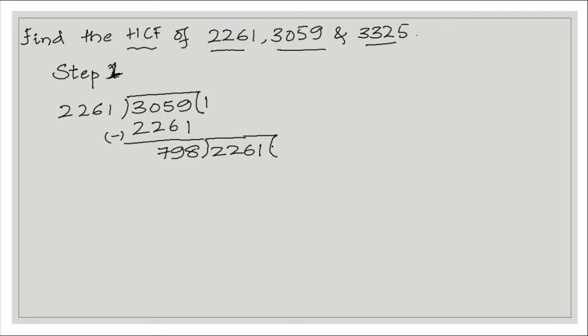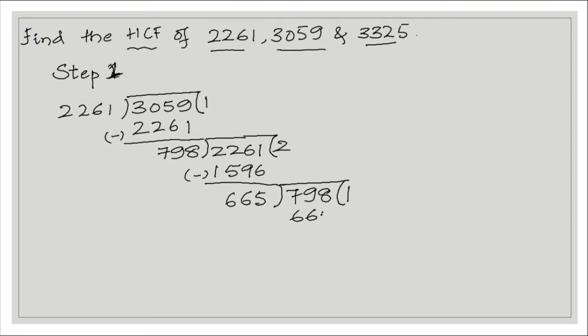So now I need to divide. So 2 times will be the nearer number. 1596 to be subtracted. Upon subtracting, I'll be getting 665. Now with this 665, I need to divide the previous divisor. One time will be 665 and it leaves the remainder as 133.